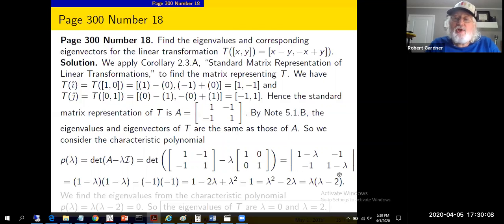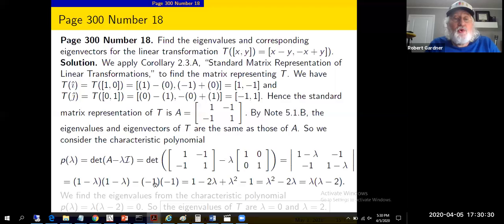We'll need to take the determinant of that to get the characteristic polynomial. Do the multiplication, 1 minus lambda times 1 minus lambda, minus -1 times -1. This is the first time we've done one of these that didn't have a whole bunch of zeros in it, even though it's 2 by 2.